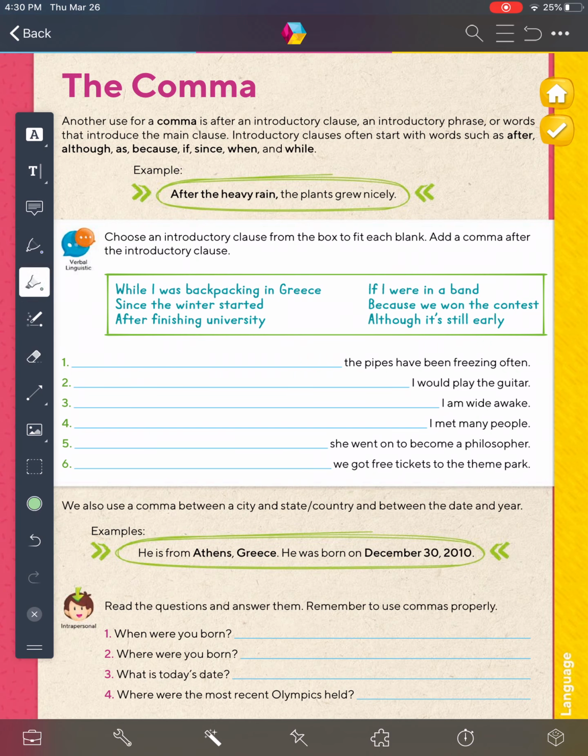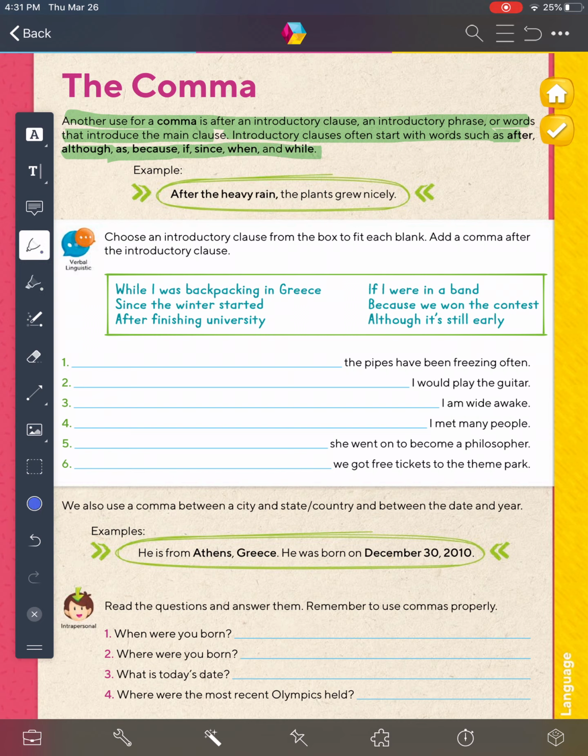Now, another use for a comma is after an introductory clause, an introductory phrase or words that introduce the main clause. Introductory clauses often start with words such as after, although, as, because, if, since, when, and while.